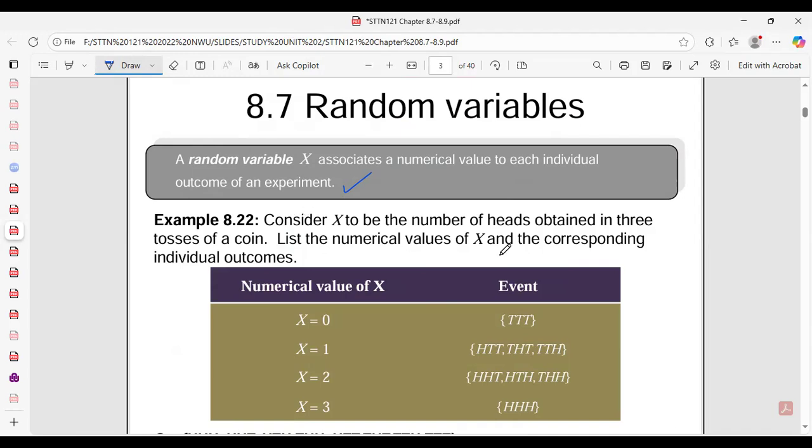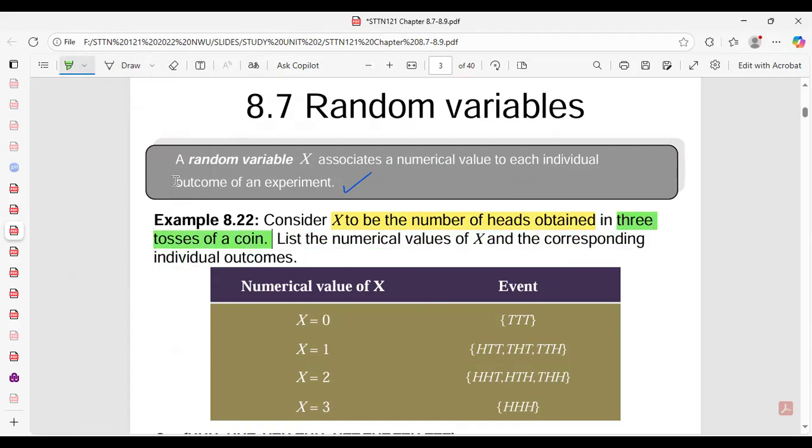Consider X to be the number of heads obtained in 3 tosses of a coin. Now, when you look at this, list the numerical values of X and the corresponding individual outcomes.